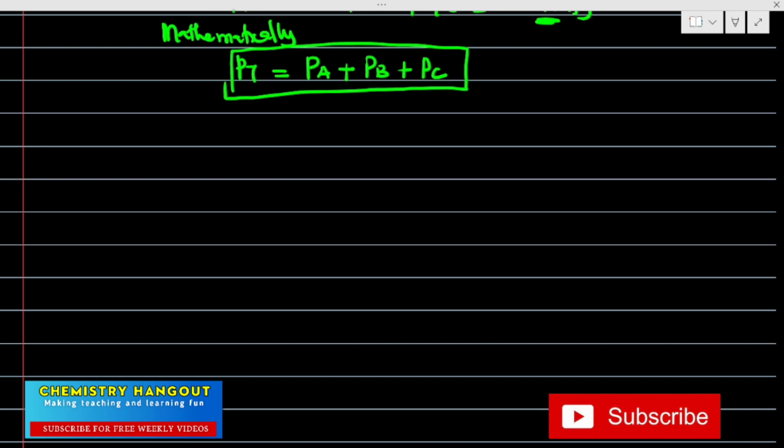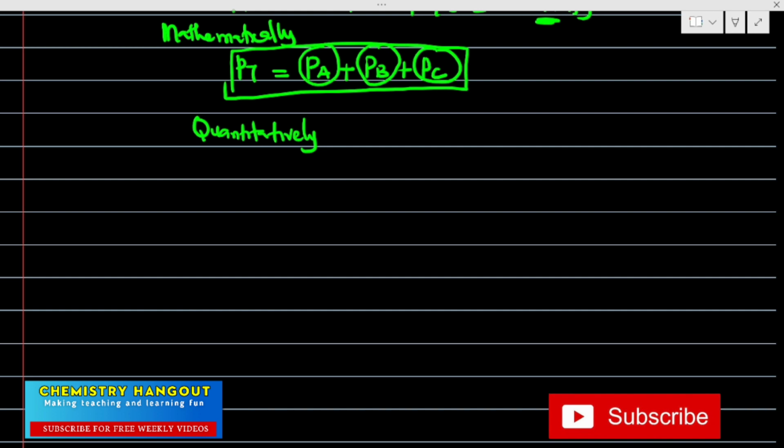So quantitatively, if they ask me to get my partial pressure, because here in that example, they didn't give us the partial pressure of this. We are assuming that we know it, okay?